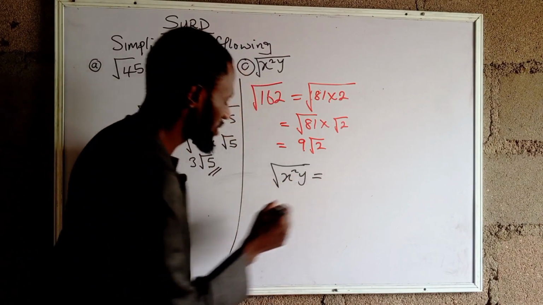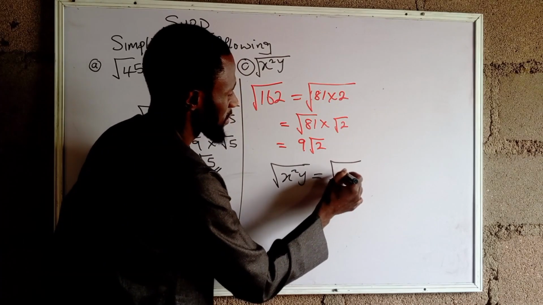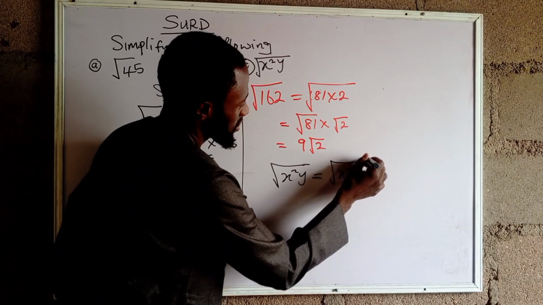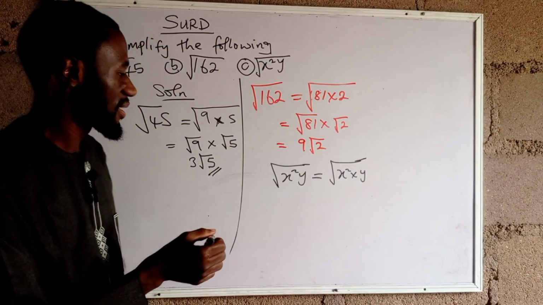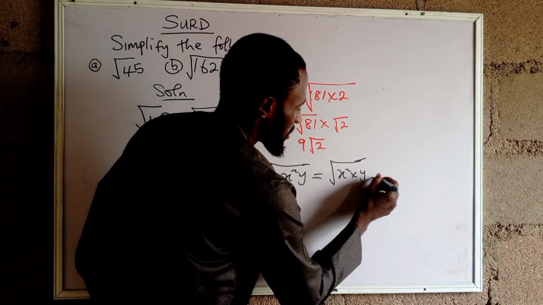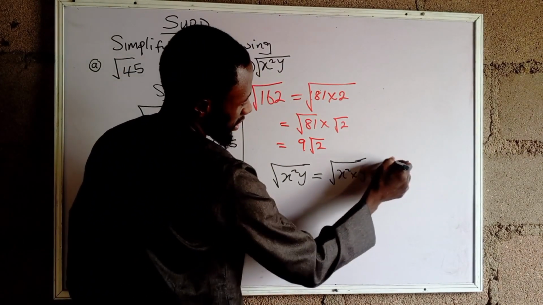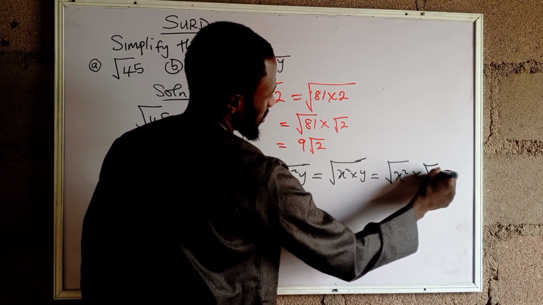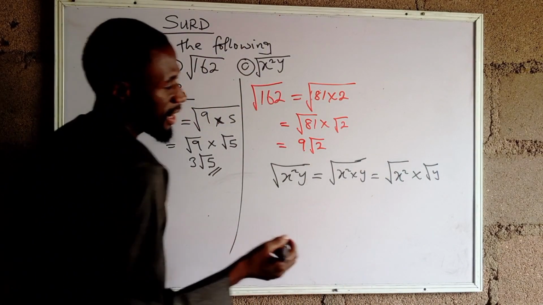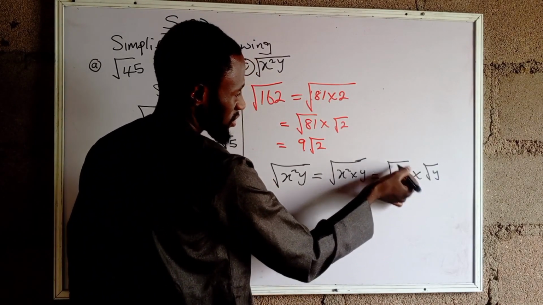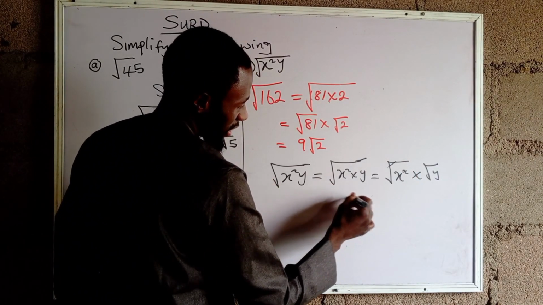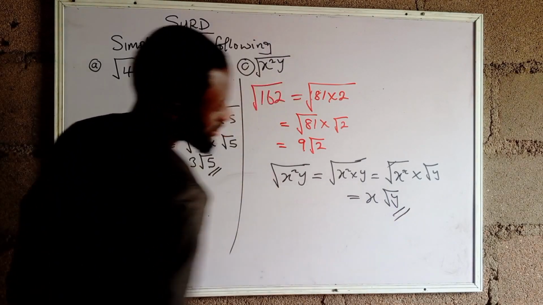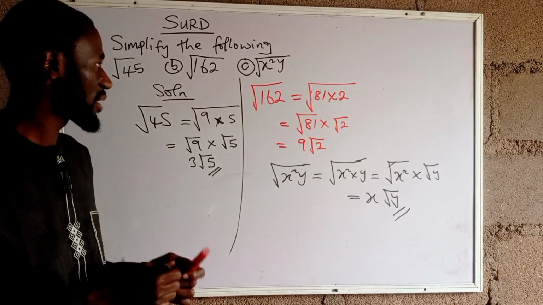This is equal to the square root of x squared multiplied by the square root of y. The square and the square root cancel out. Therefore, we have x root y. That is the answer for the final one.